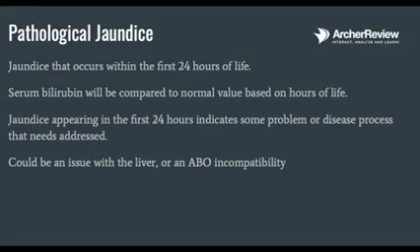So if we have an ABO incompatibility, we therefore have a lot of red blood cell breakdown. We therefore have a lot of unconjugated bilirubin, and we're going to get sky high levels of it, which will present and show jaundice clinically in the first 24 hours of life. Always pathologic if it shows up that early.